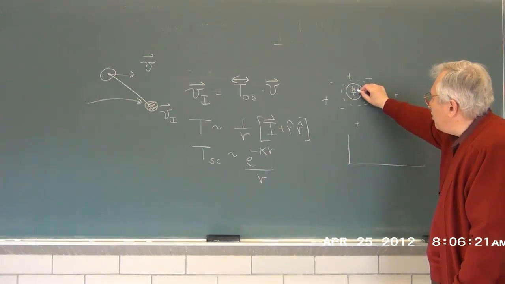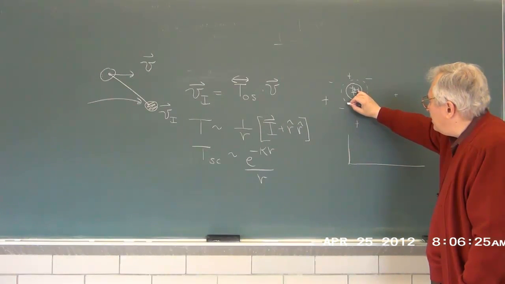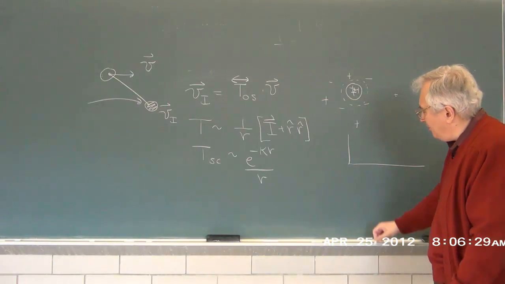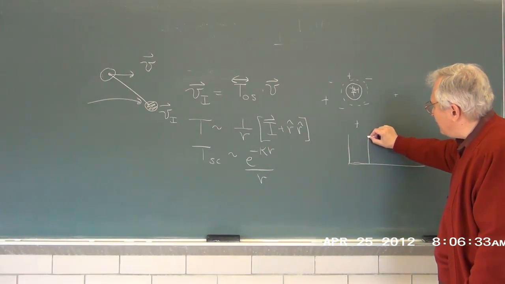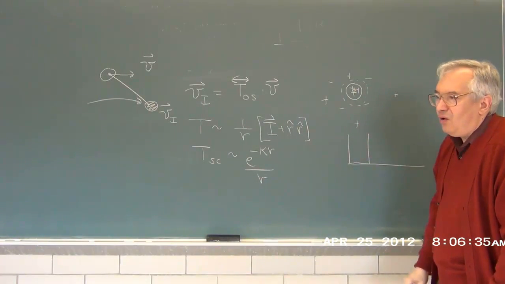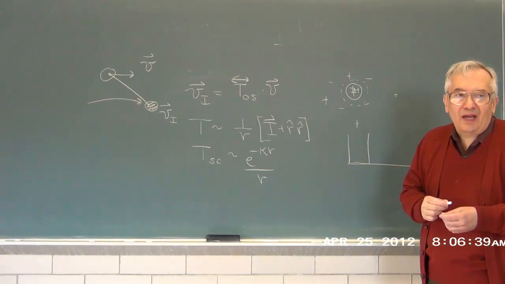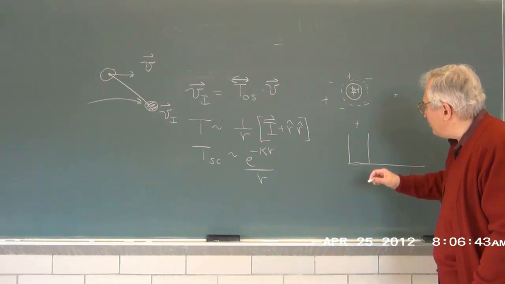So we have charges inside a sphere, and if it's a typical protein-type sphere, the charges are all at the surface. You have almost no charge until you hit the surface, and within a small number of atoms of the surface is where this charge lies. It's all at the surface.